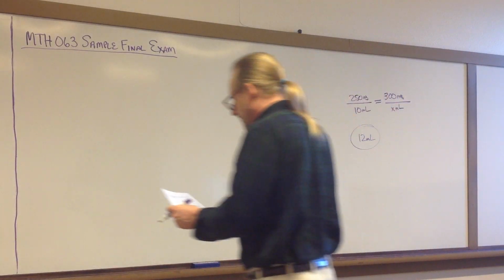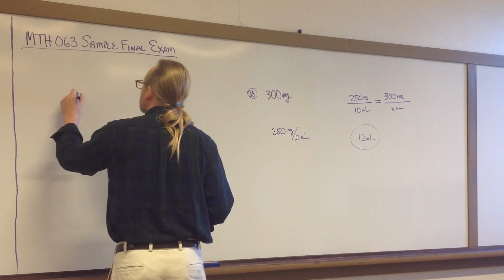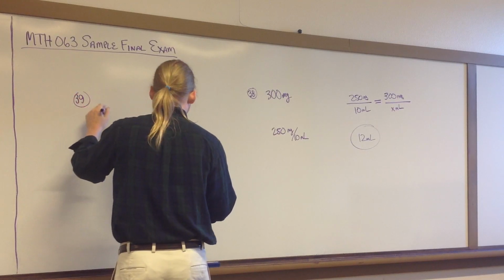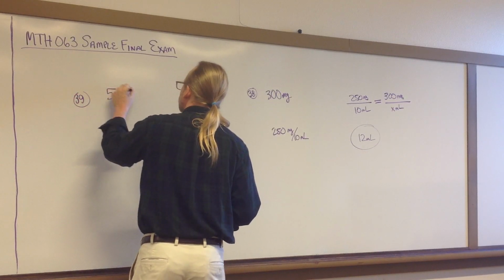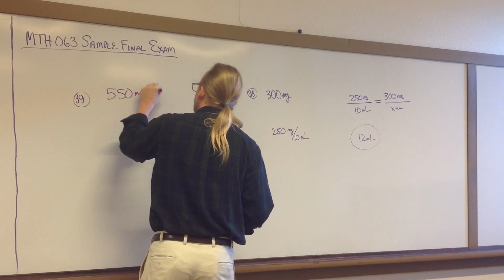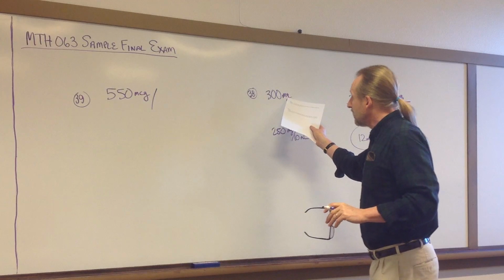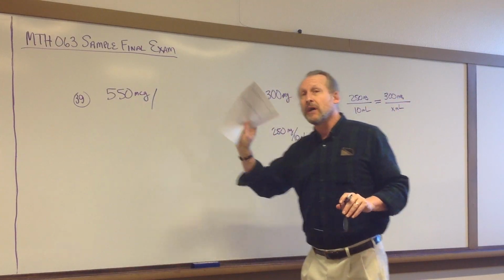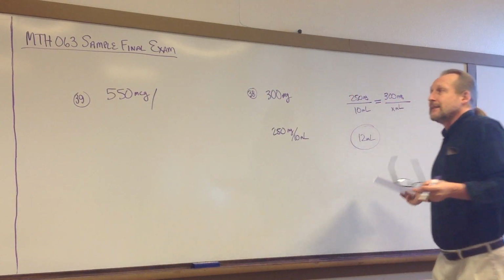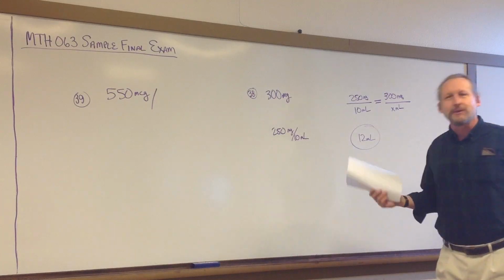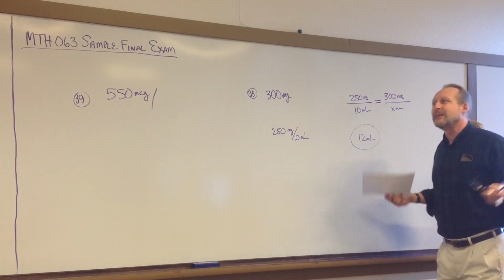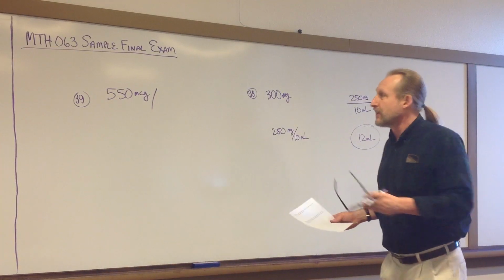550 micrograms per kilogram of body weight. And it's important to recognize the difference between the milligrams and the micrograms, okay? If you plan to go into the healthcare industry, that's the kind of thing you need to be good at, okay?